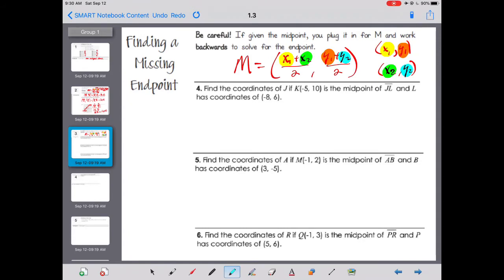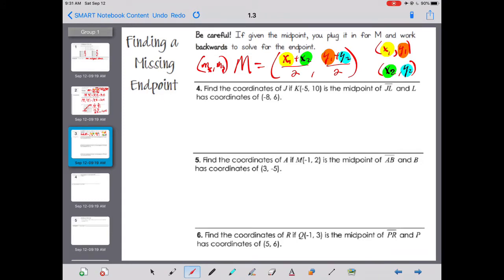It's a fill in the blank. But if they give you M, the midpoint, that would go over here. So midpoint x and midpoint y. They give you the x and y of the midpoint. That goes on this side.